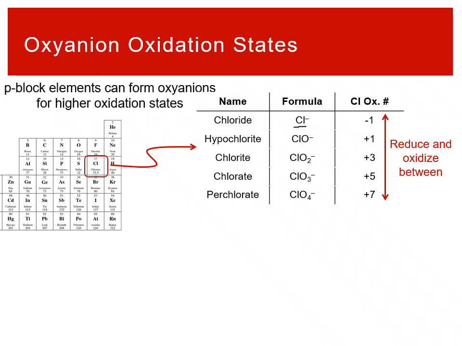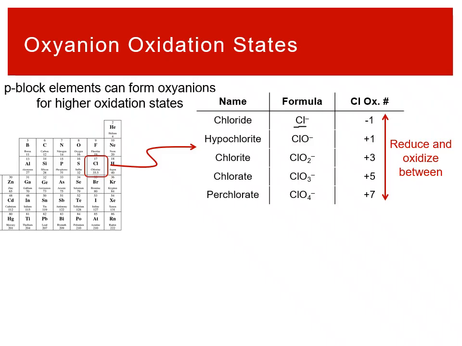But chlorine can also form a variety of oxyanions, those polyatomics, that feature different numbers of oxygen atoms: hypochlorite, chlorite, chlorate, and perchlorate. In each of those, the chlorine atom has a different oxidation number. So if you are dealing with a solution that contains chlorine ions, you can oxidize or reduce those depending on what sort of ion is currently present.